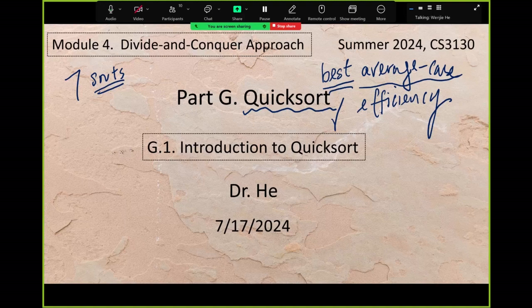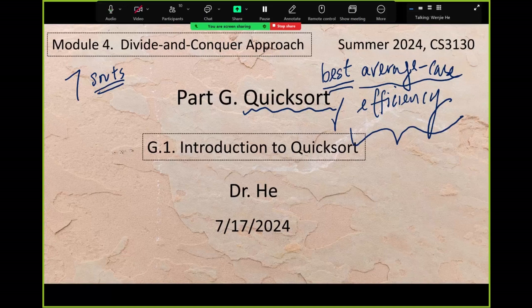That is important, because in the real world, when we choose a sort, we like to pick the one with the best overall efficiency, the best average case efficiency. Now let's look at the main idea. How can you get the best overall efficiency?